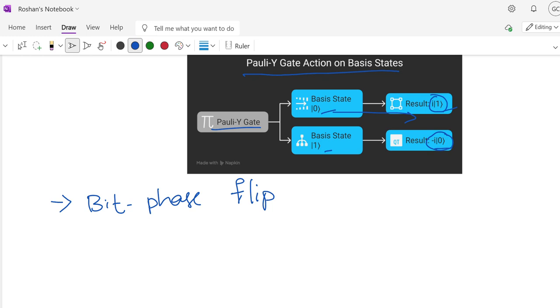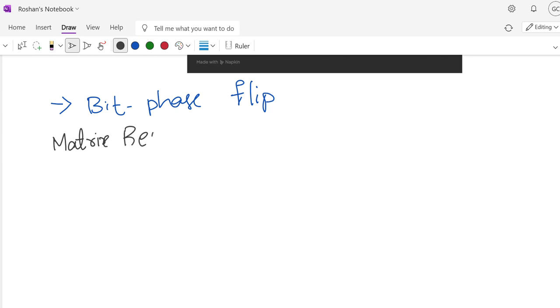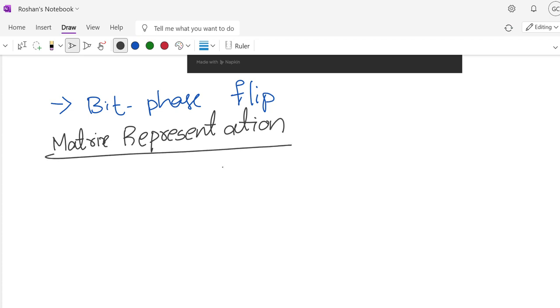To work on quantum computing, for every gate there will be a mathematical representation, none other than the matrix representation. So here also we need to understand the matrix representation. The Y gate will be denoted like this.